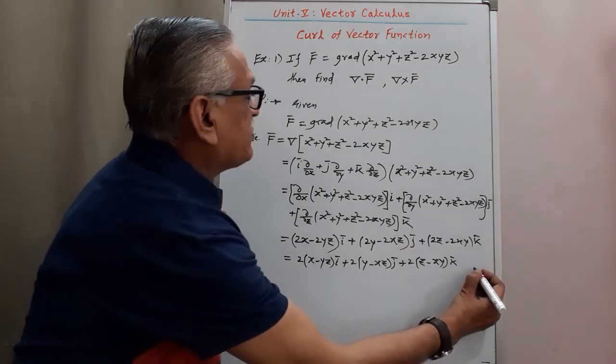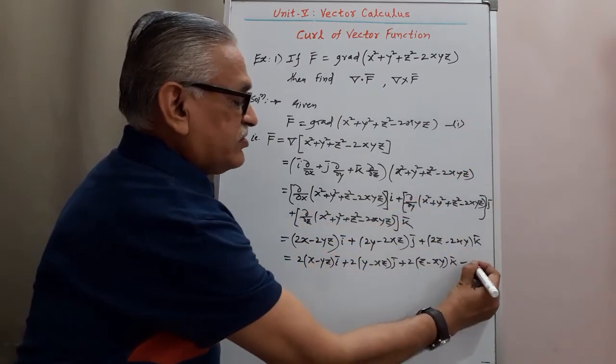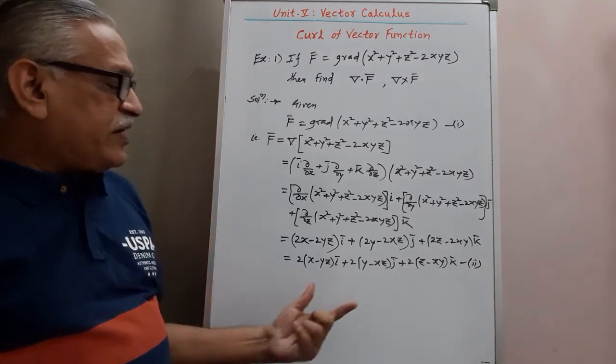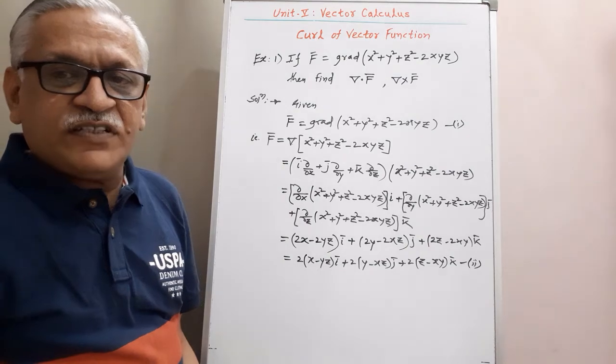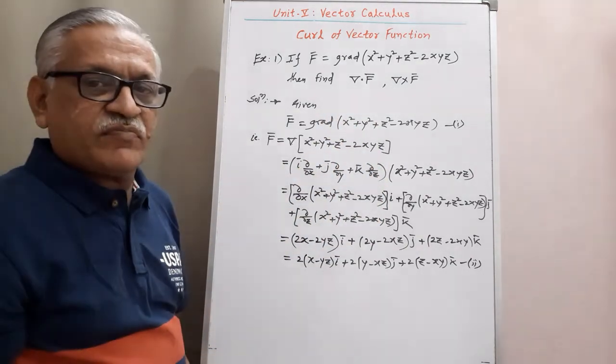We call this as equation 1, and this new value as equation 2. And then after getting this value, we require to find its divergence and curl, that is del dot f bar and del cross f bar.